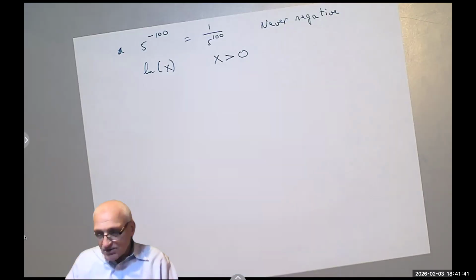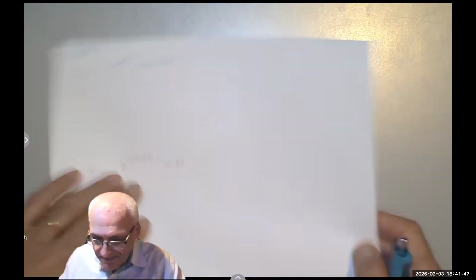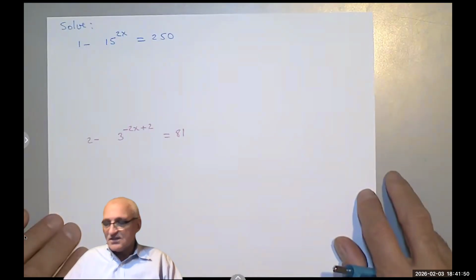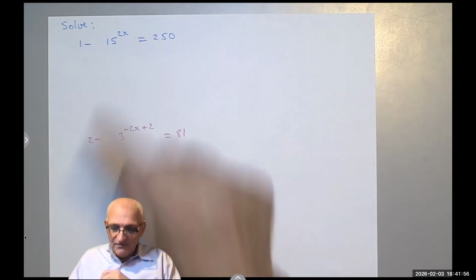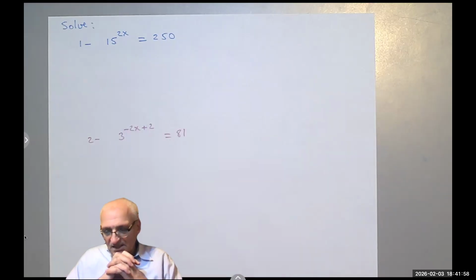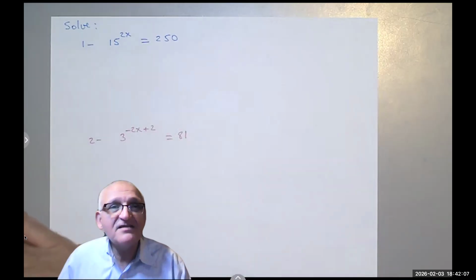Okay, so let's look at some examples. Here's the page. Now we start with these exponential functions. 15 to the 2x equals 250. Because I have a power, I need to take the log.